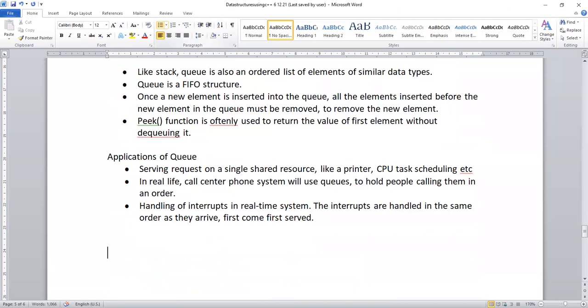So we can even draw a queue representation.